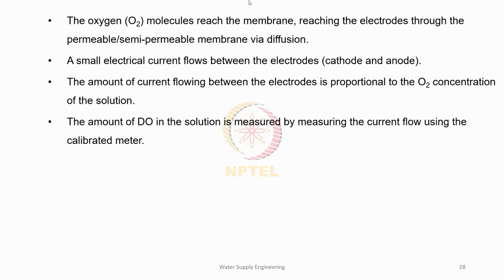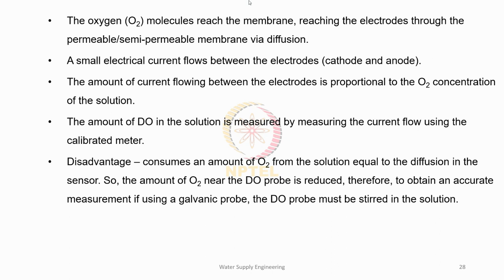So once the meter is calibrated, by measuring the current flow, we can measure the dissolved oxygen amount. But the disadvantage with this particular method is that from the solution, it will consume a part of oxygen which is equal to the diffusion in the sensor.